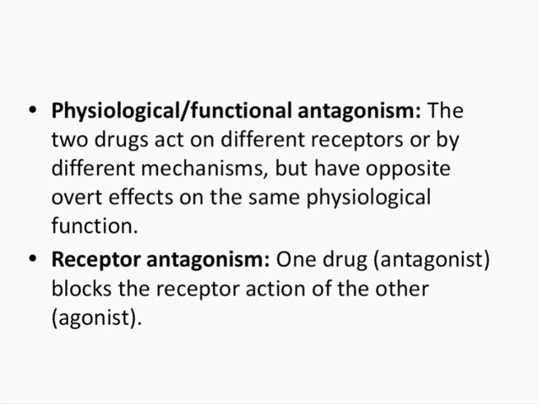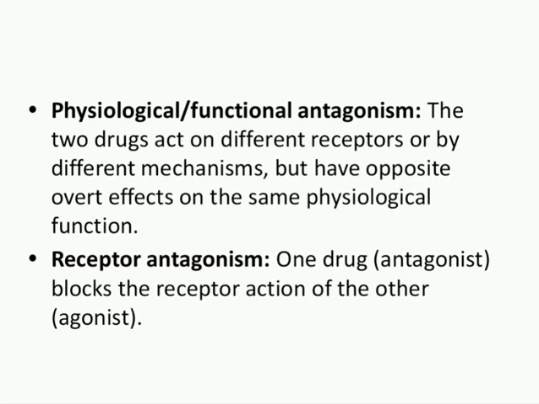In competitive antagonism, what happens? The antagonist is chemically similar to the agonist and hence it competes for getting a place with the receptor and binds to the same site as the agonist binds to, right? So they have the same shape, they are chemically similar, so they have to compete to get a position in the receptor.